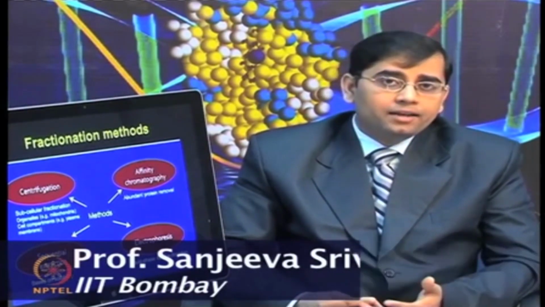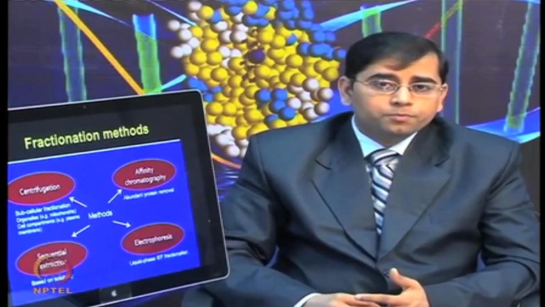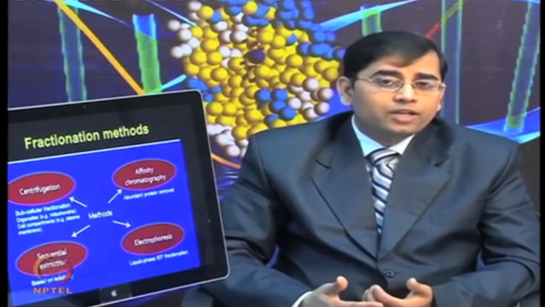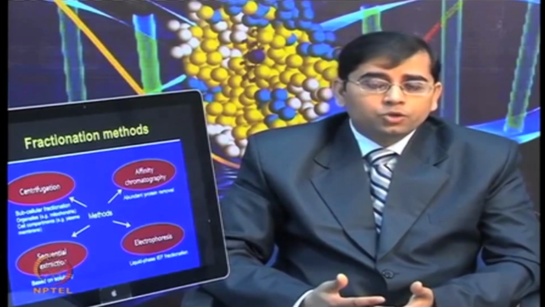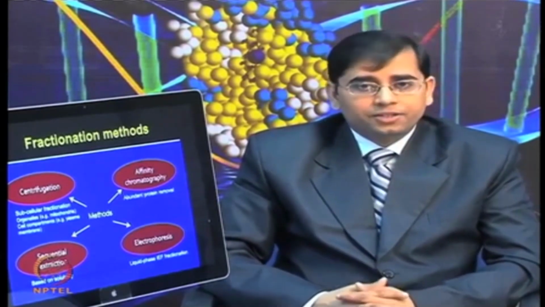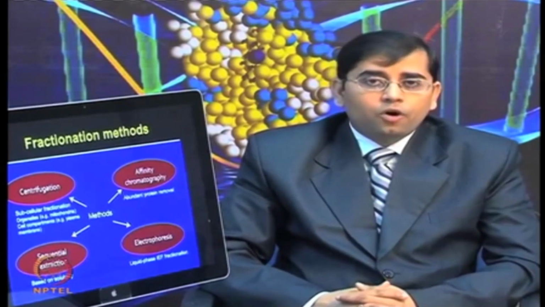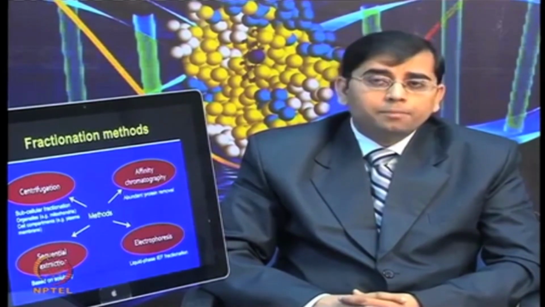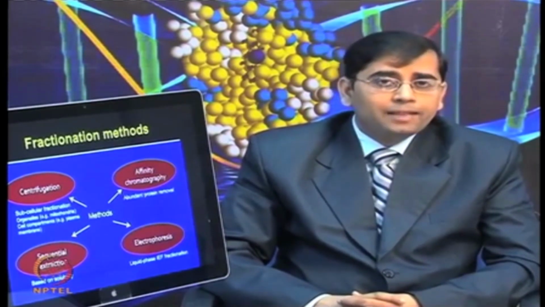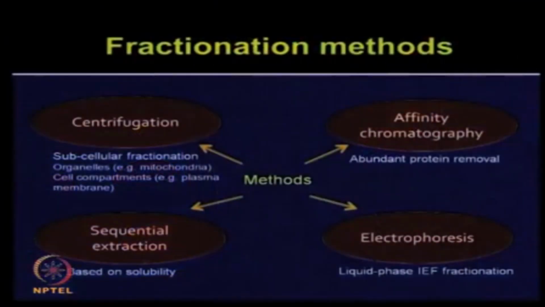The simplest, when looking for an organelle or a specific type of proteome, is to use different ways of centrifugation and ultracentrifugation, when you are looking for subcellular fractionation of organelles such as mitochondria or chloroplasts, or cell compartments such as the plasma membrane. Different types of chromatography methods can be used for fractionation.